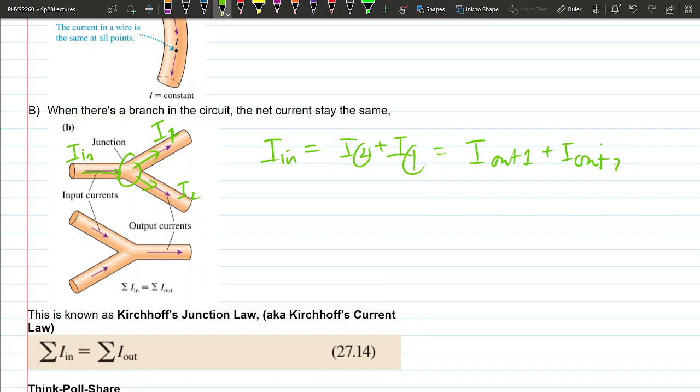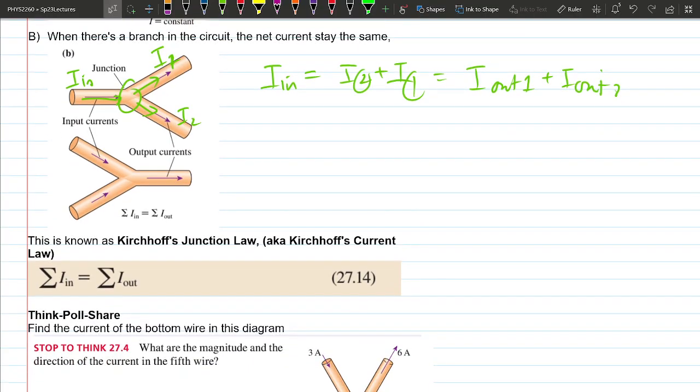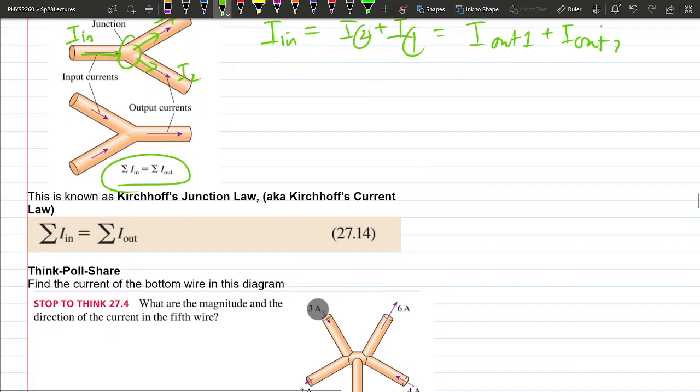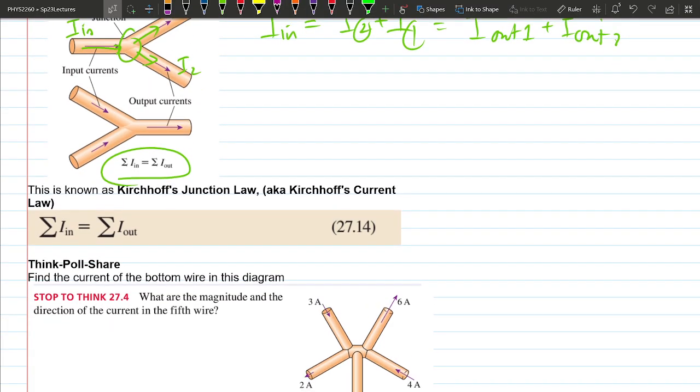Similarly, if you have the backwards version of this, you have two currents coming in and one current coming out. The sum of the current coming in is going to be the sum of the current going out.